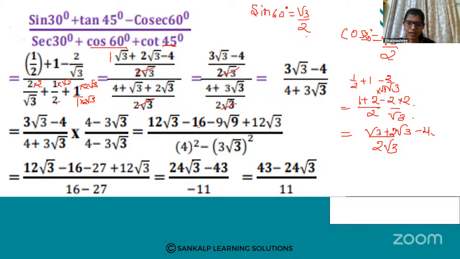Root 3 into 3 into 3, so 3 3s are 9. Root 3 into root 3, that is 3, 3 3s are 9. Plus 4 into 3, 12 root 3, right? Minus into minus is plus. The denominator is a plus b into a minus b, brackets, right?